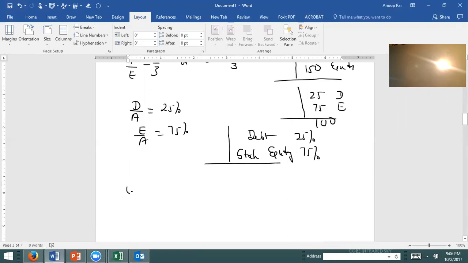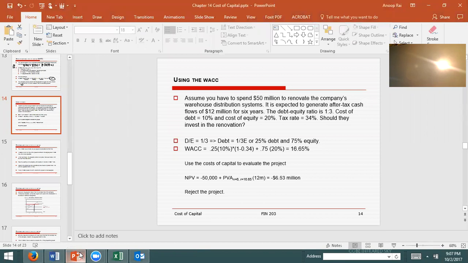We say the weighted average cost of capital, remember, is equal to the weight of the debt and the stock. So stock is 75%, and we need the cost of equity. Then 25%, we need the cost of debt. But don't forget, with debt, we have to take the taxes away. So let's see. Cost of equity is 20%.